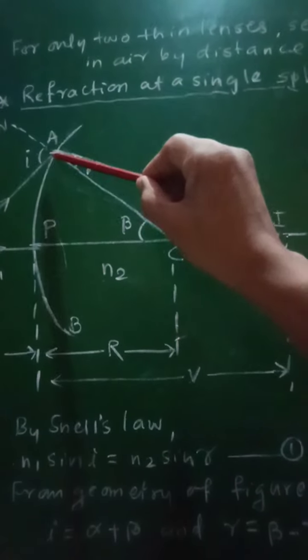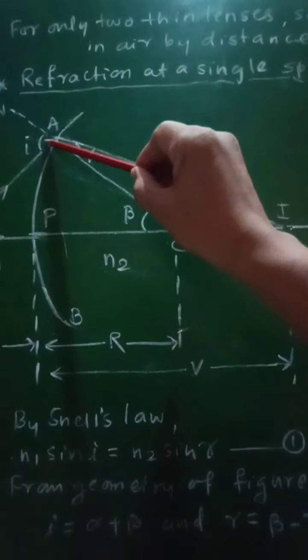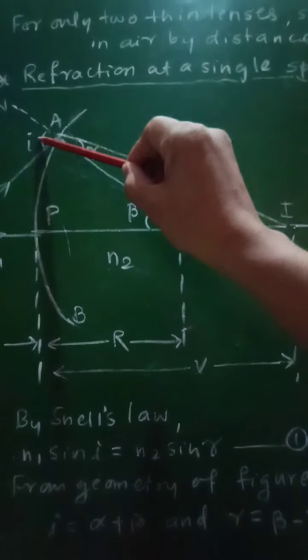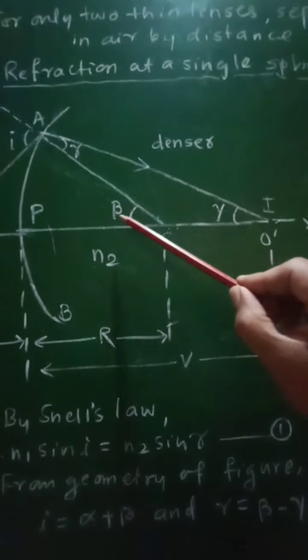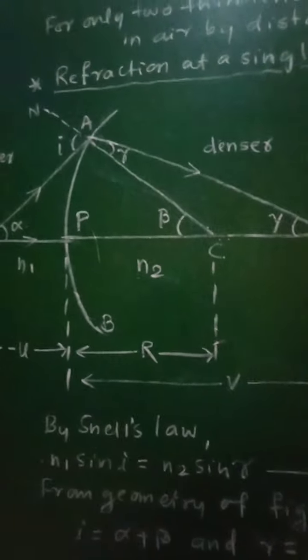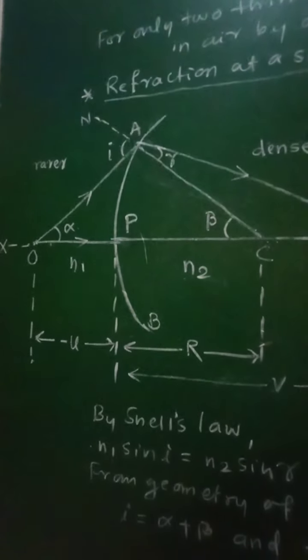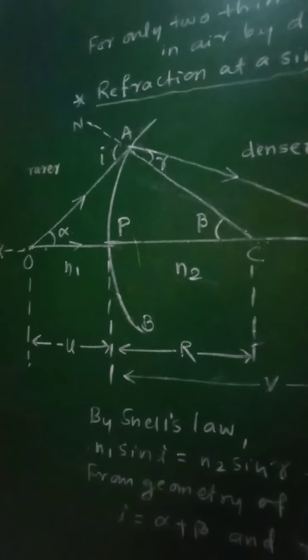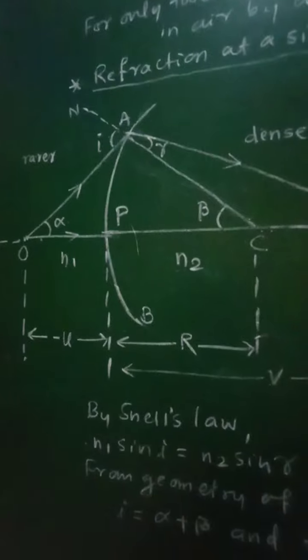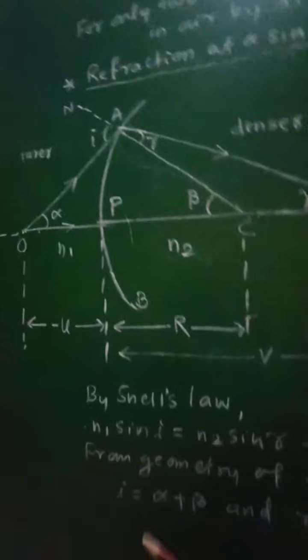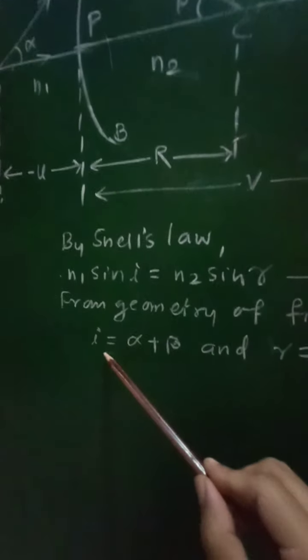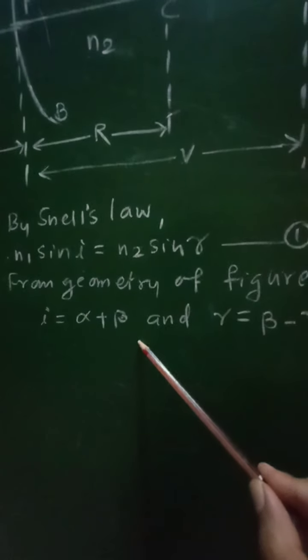Using the property of exterior angle, the measure of the exterior angle is equal to the sum of the measures of the two interior angles, so we can write I is equal to alpha plus beta.